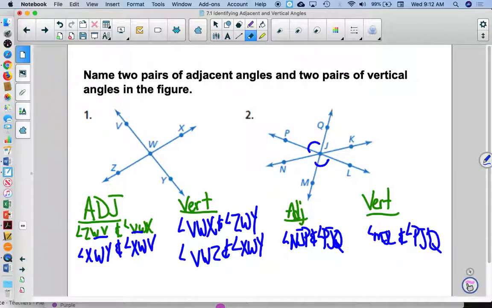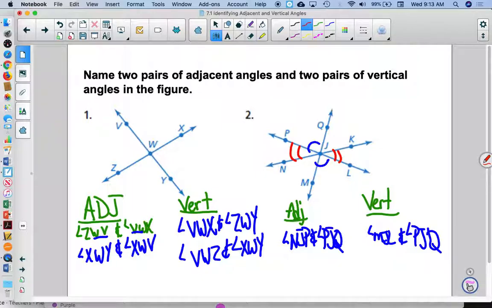Give me thumbs up if you say yes, thumbs down if you think no. Showdown, folks. Angle KJL vertical to angle PJN. Thumbs up or thumbs down? Good. Should be thumbs up because this one is going to be vertical to this one. The lines there are also saying that because they're both the same, they are congruent. They are equal to each other.